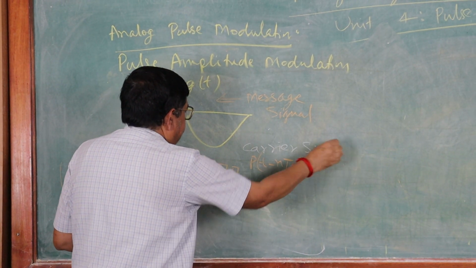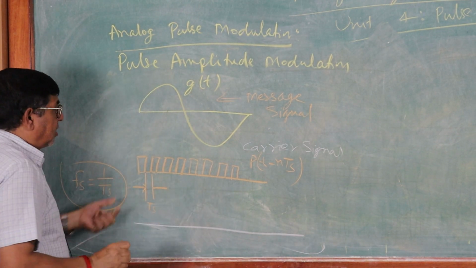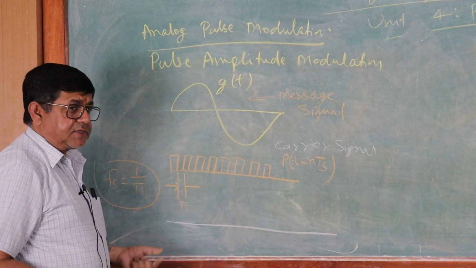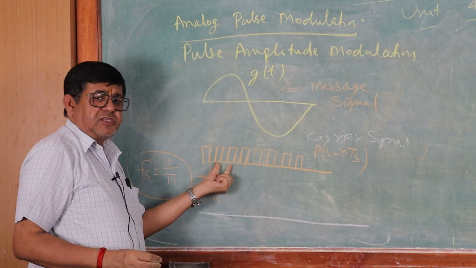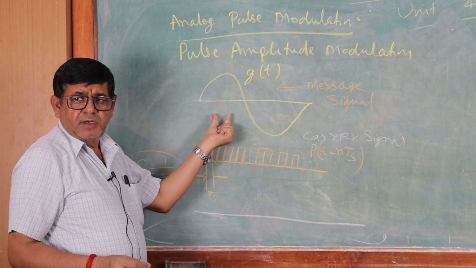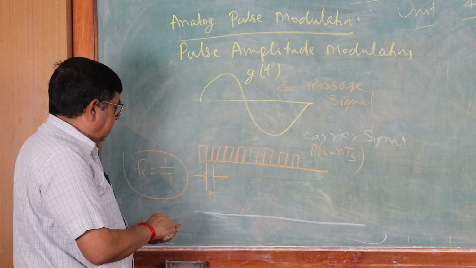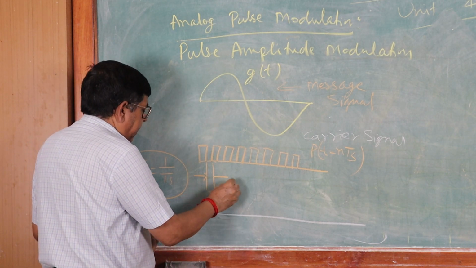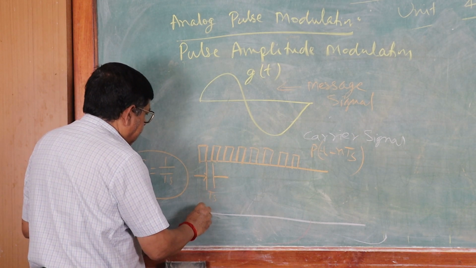And when we modulate it, we get not a continuous signal but a discrete signal. The amplitude of these pulses will depend upon the amplitude of the message signal. So if I take this envelope as the message signal, we will have pulse trains.